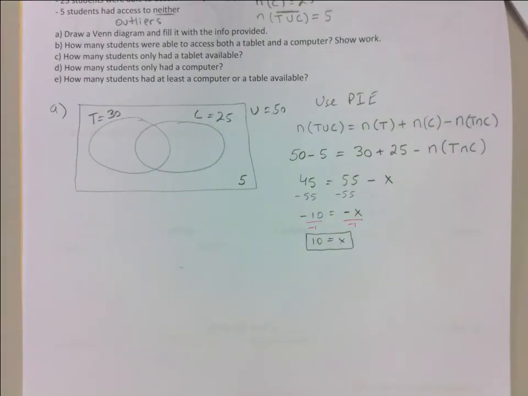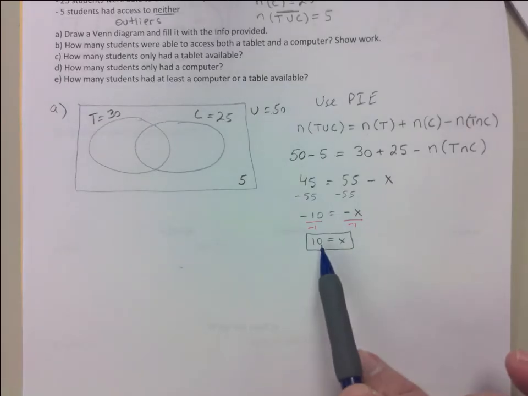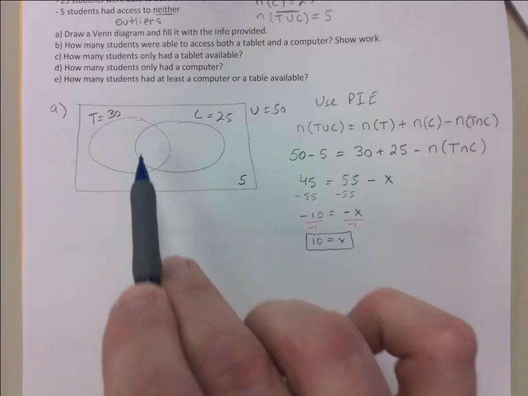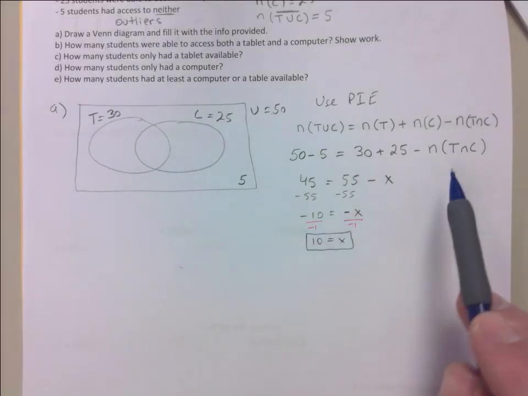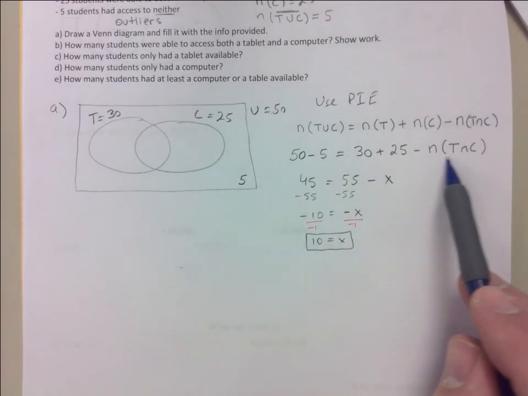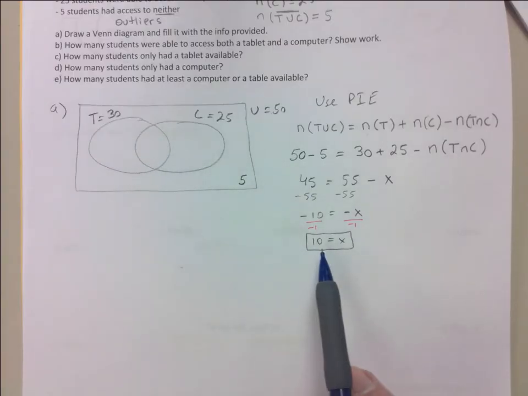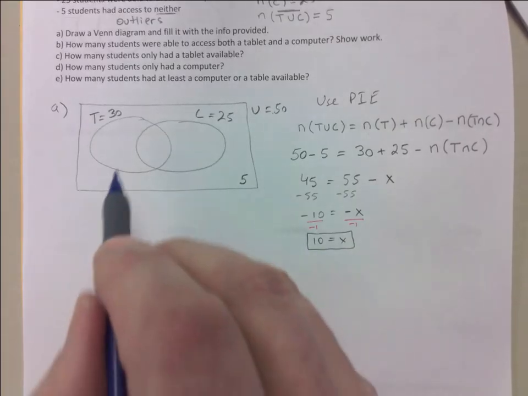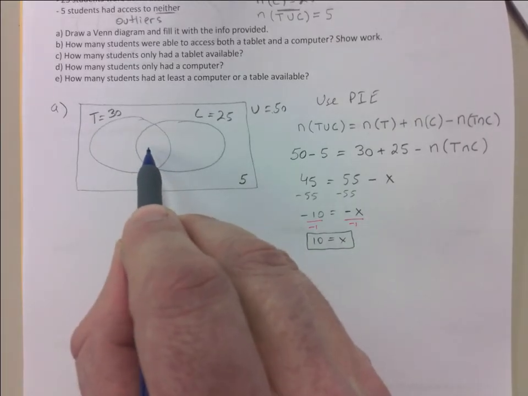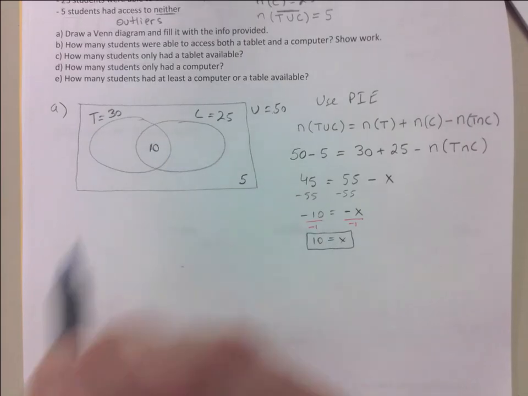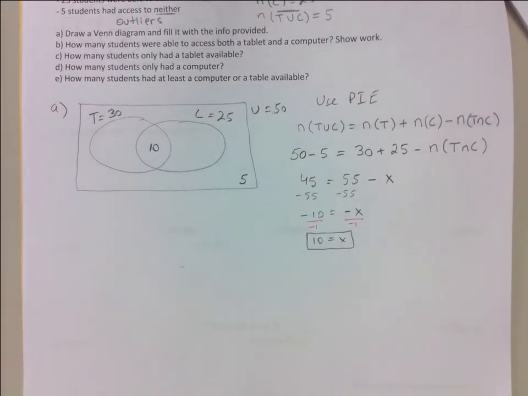And this unlocks everything for us. Once you have the center, because that's what we found here, folks. This is the center, this is the intersection here. So you can take this 10 and say there's 10 elements in here. And I need to make a note, make sure you understand this.